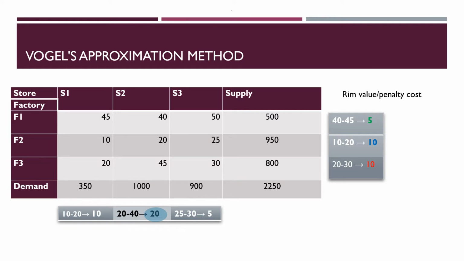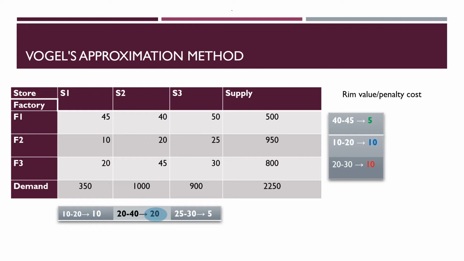Now we are going to allocate into that particular column. How much quantity are we going to allocate? In this column, we have to select the lowest cost to allocate the quantities. Here, F2 represents 20, that is the lowest cost. We are going to allocate to that particular cell 950 or 1000.